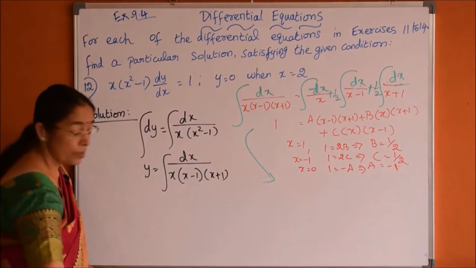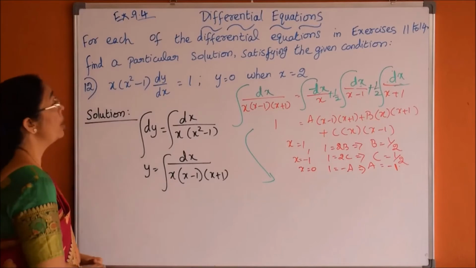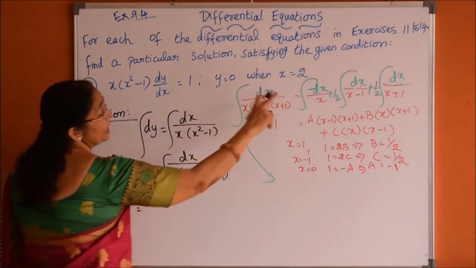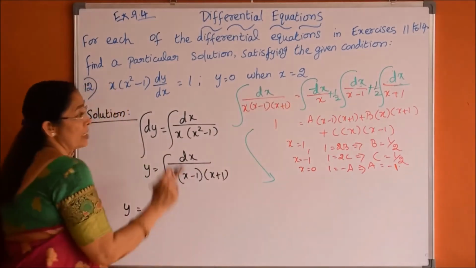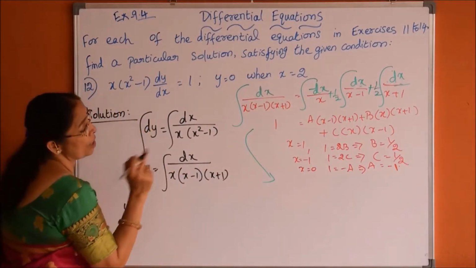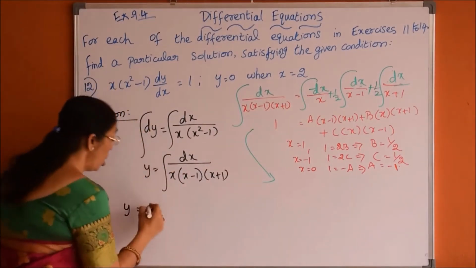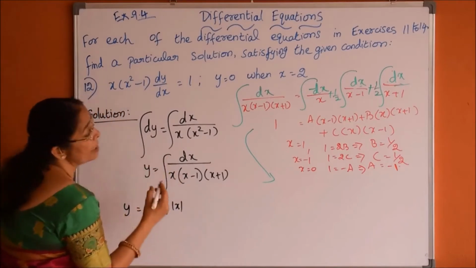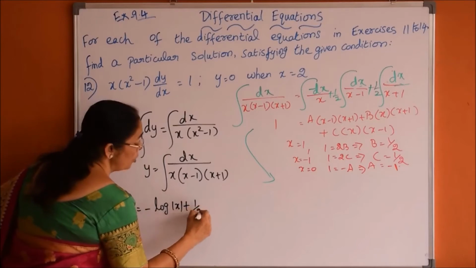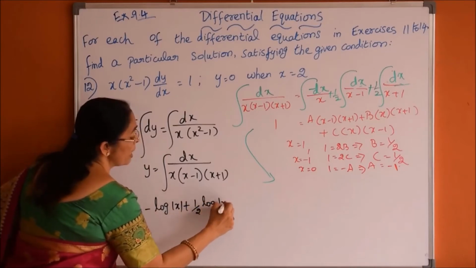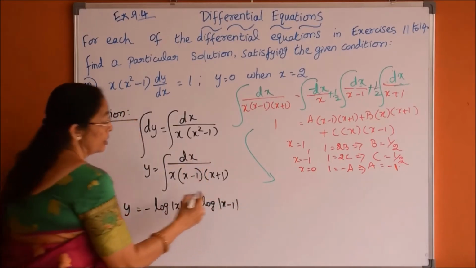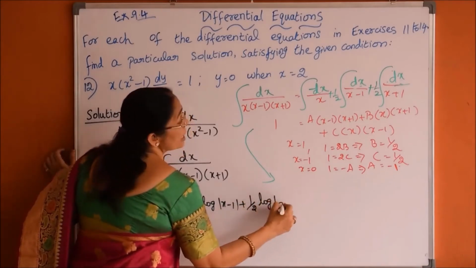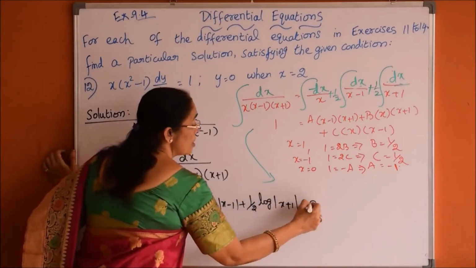So we have y equal to this whole integration: −dx/x, where minus is outside, and the integration of dx/x is log|x|, so −log|x|; second term plus (1/2) log|x − 1|; third term plus (1/2) log|x + 1|, plus c.